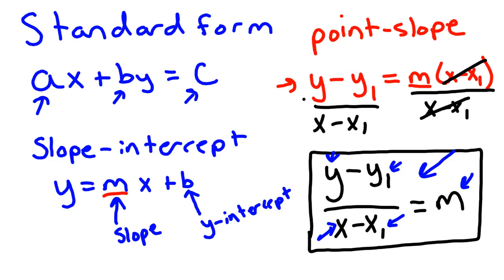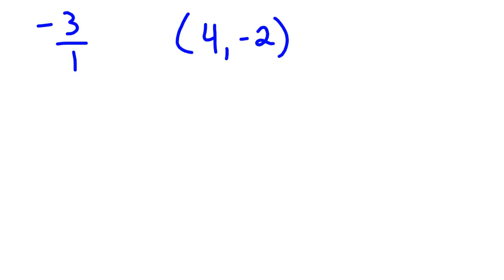So we have everything we need to find this equation. Okay, so this here is x1. This is y1. It's our first x. You can just call it your first x and your first y. This is our slope.